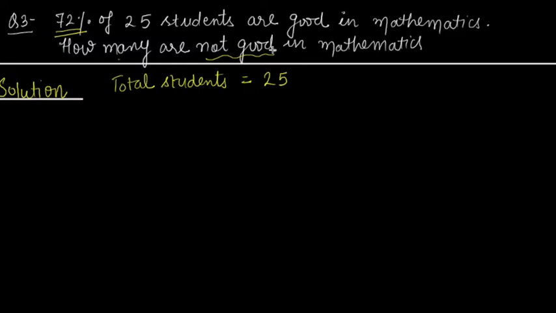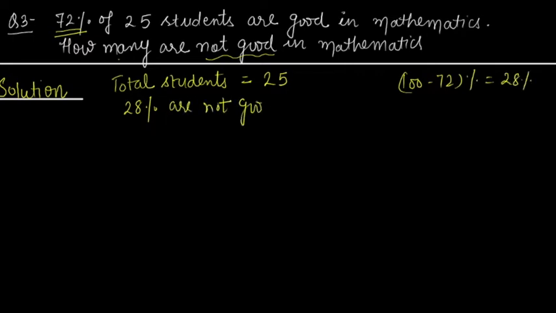So we know if 72% are good, it means we can say 28% are not, because 100 minus 72% will be how much? 28%. 28% are not good in mathematics, right? From this I can conclude that. Now they are asking you the number.